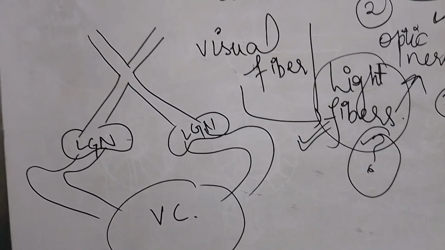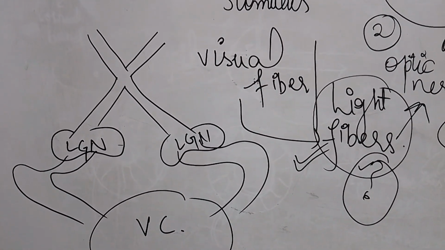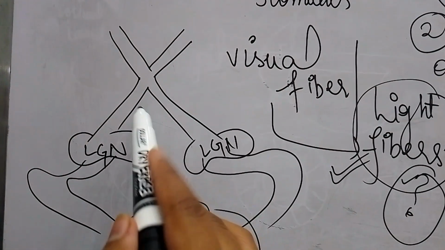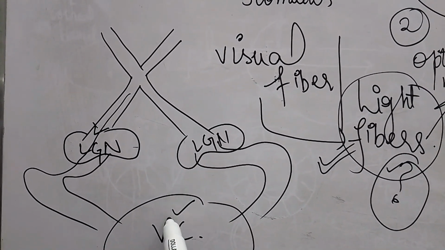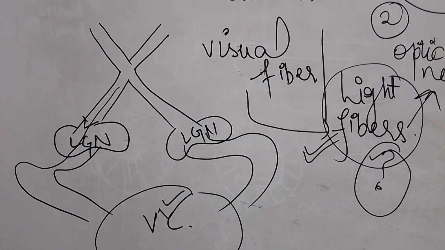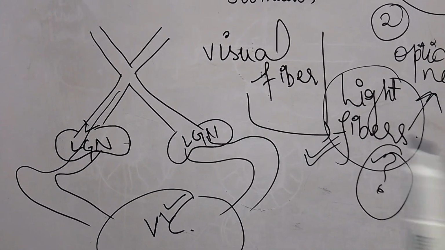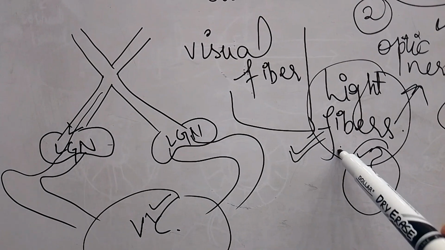So this is the visual pathway. But what happens with the light fibers? Here the visual fibers are moving just so that the image can be processed and viewed in the visual cortex. But over here we are talking about the light fibers.